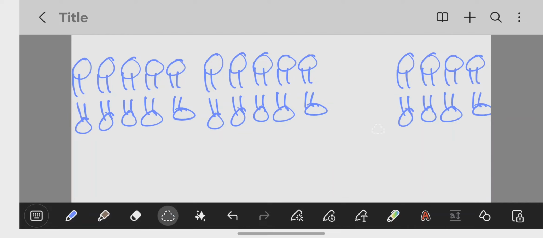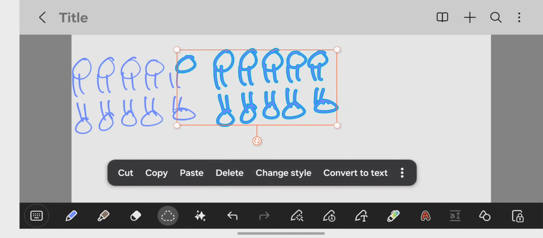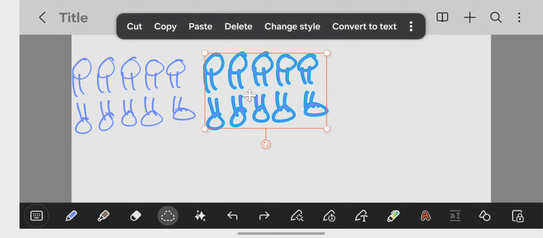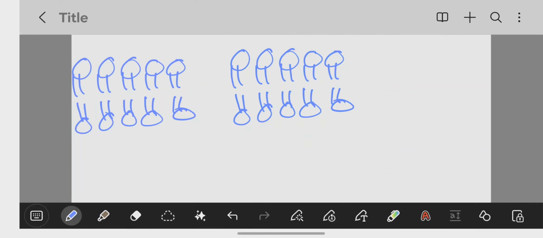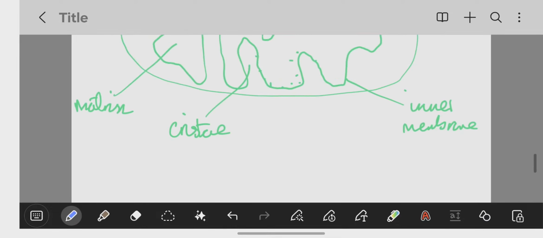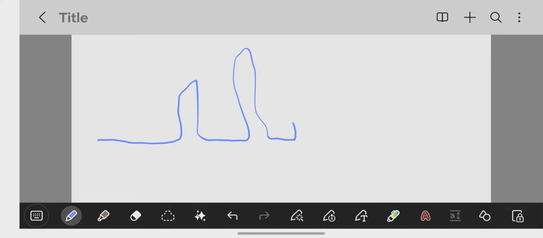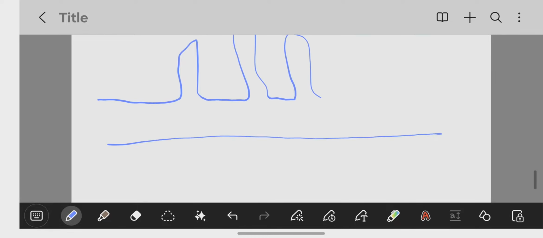Actually, I'm going to delete this. What I've drawn here is the inner membrane. It's going to be more convenient for me to draw them as lines because they're a phospholipid bilayer anyway. But it's important to remember that they are a phospholipid bilayer for one reason that I'll explain in a moment. So we have the inner foldings of the cristae, obviously, and we have the normal outer membrane as well. And this is obviously the intermembranal space.